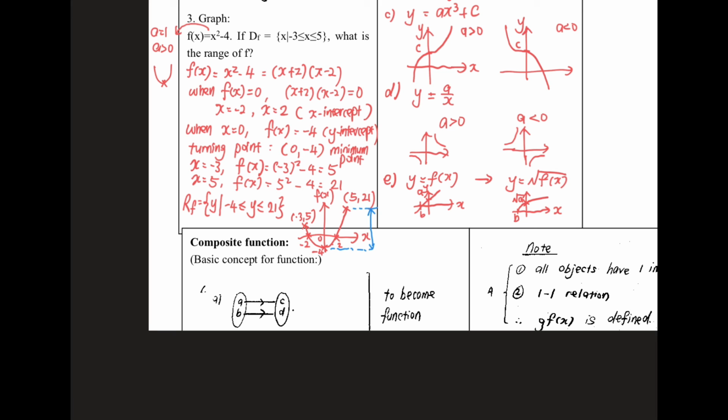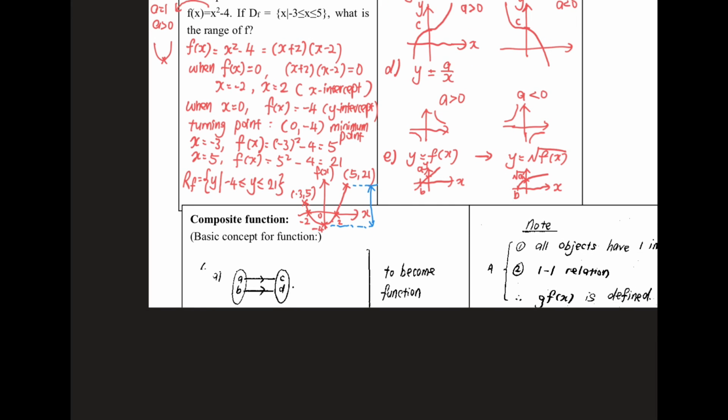So what I am trying to say here is, try to observe something. When we have y equal to f(x), the coordinate (x, y), in general I write in blue color, will become (x, square root y). So the x coordinate remains unchanged, whereas the y coordinate takes square root.